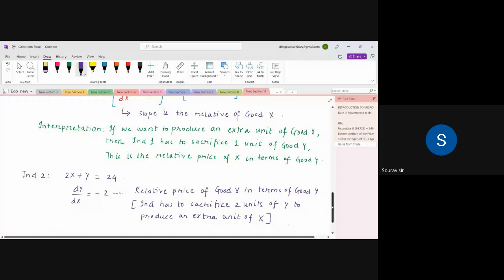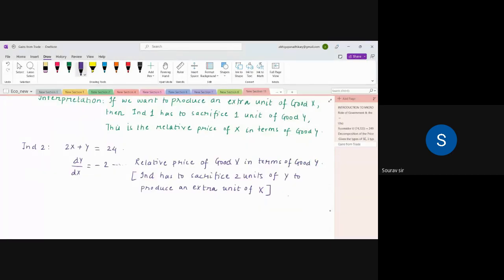What does it mean? The relative price of good X for individual 2 is higher than that of individual 1. That means individual 2 has to sacrifice more of Y to produce an extra unit of X as compared to individual 1, right?